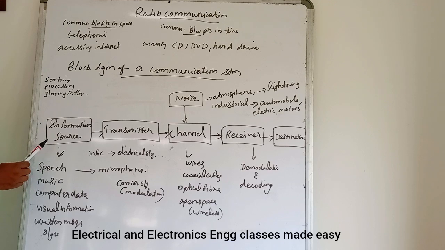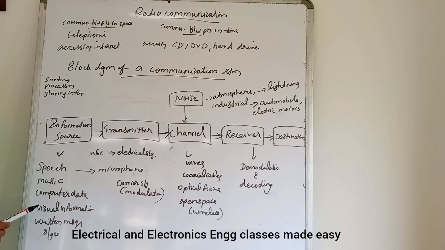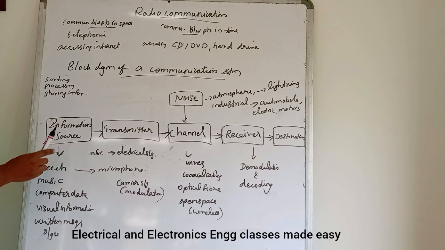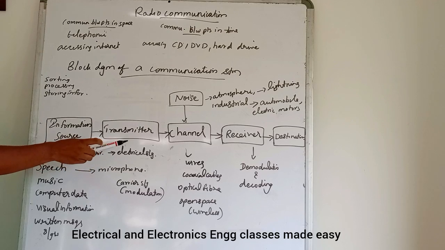The communicated matter called the information or intelligence signal may consist of speech, music, computer data, visual information, written messages or signals, etc. The information is a physical pattern that has been assigned a commonly understood meaning, and the pattern must be unique, capable of being sent by the transmitter and capable of being detected and understood by the receiver.